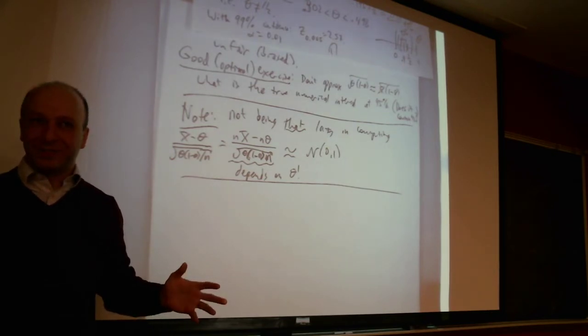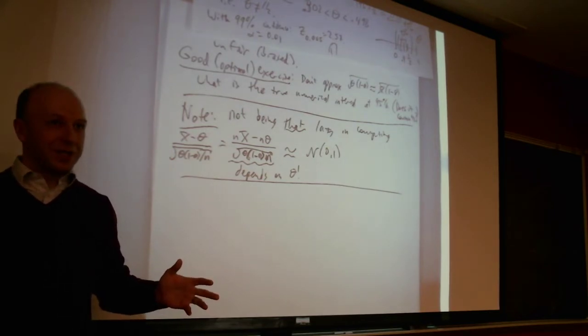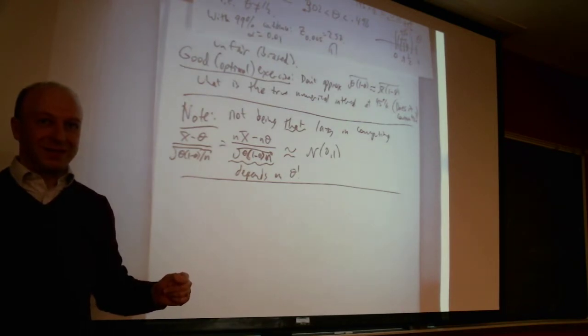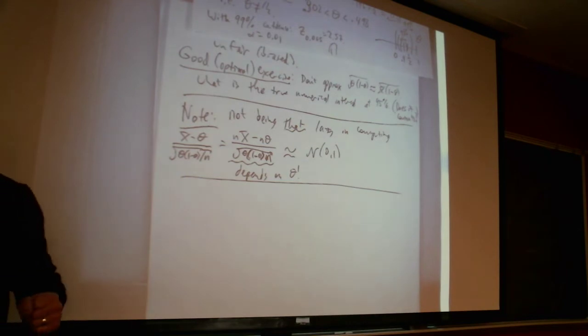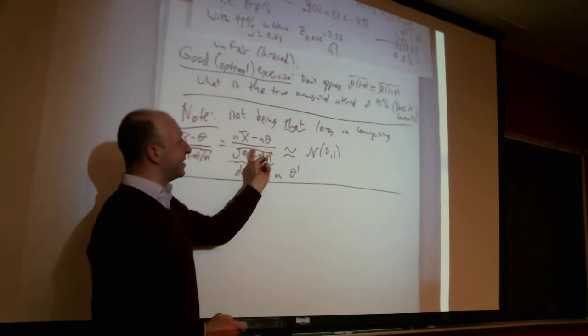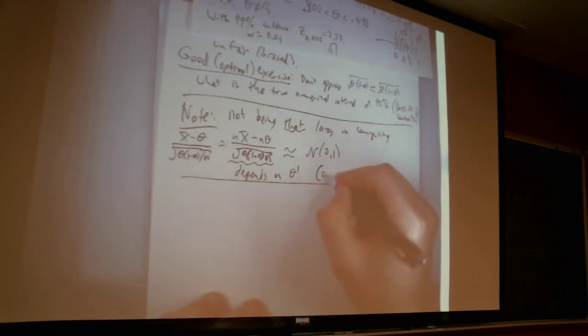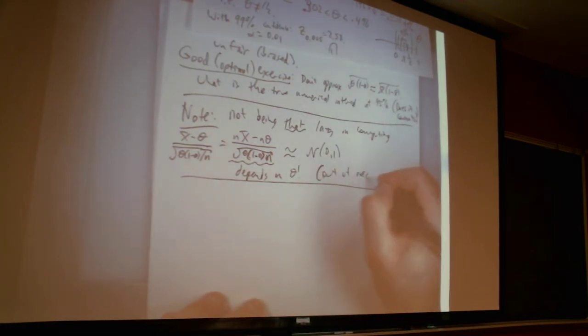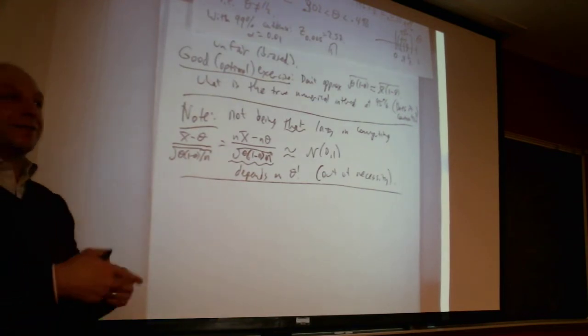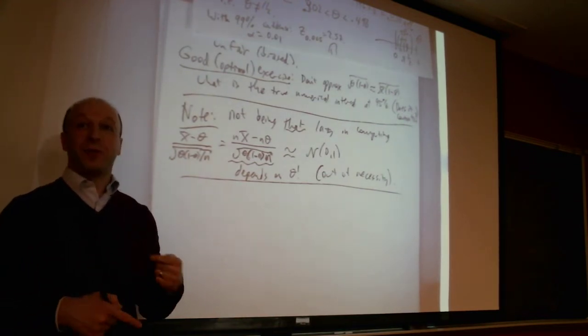Does that make sense? Did everyone follow the philosophy here? Yes, it's out of necessity, not because we're being lazy. Unlike the t-distribution being approximated by a z, where we are being lazy.